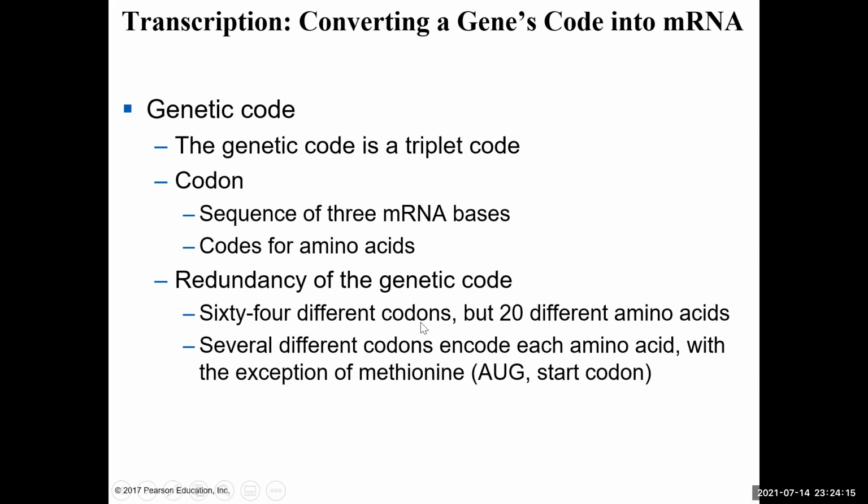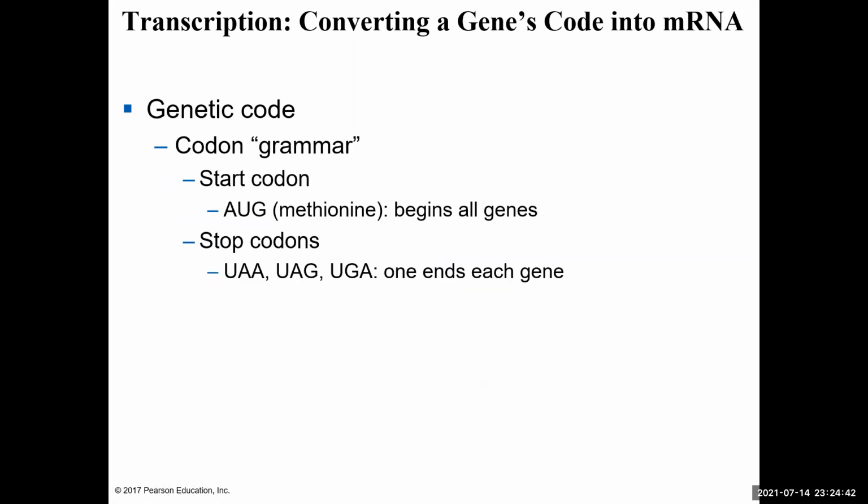And so several different codons encode each amino acid, with only one exception. There's only one codon that represents the start codon that starts the translation or protein making process, and that's AUG. The codon AUG always represents the start codon, and no other codon represents start.